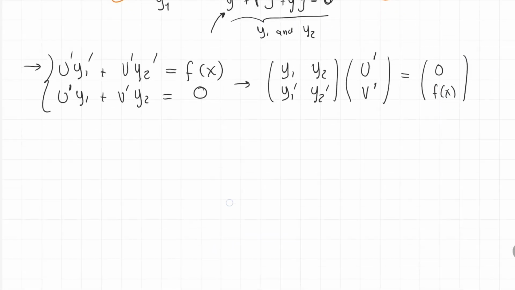Okay, so now if you remember your courses for linear algebra, we are going to solve this by using Cramer's rule. Okay, so what does it say?